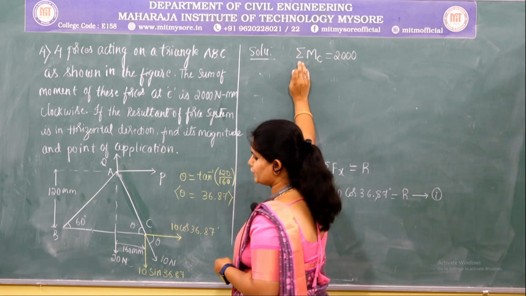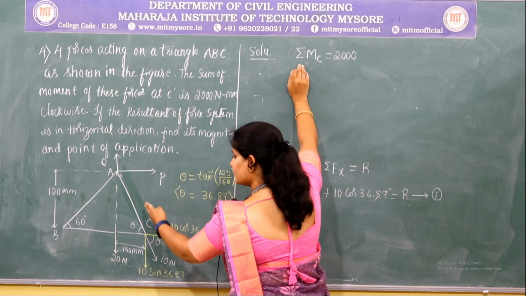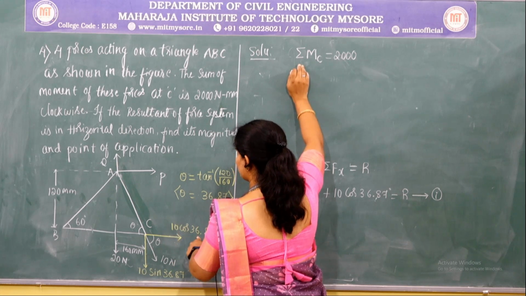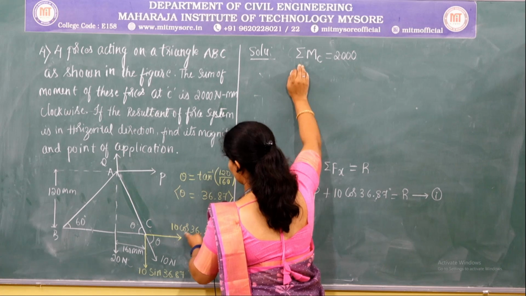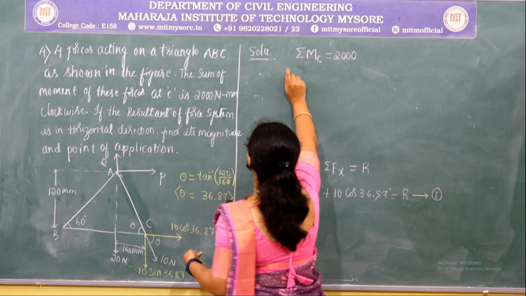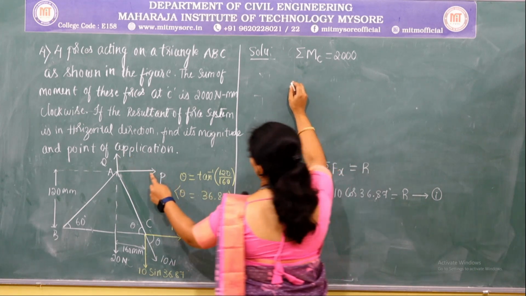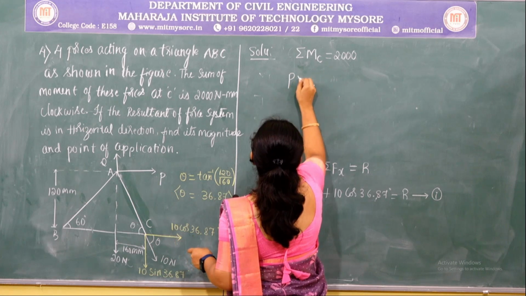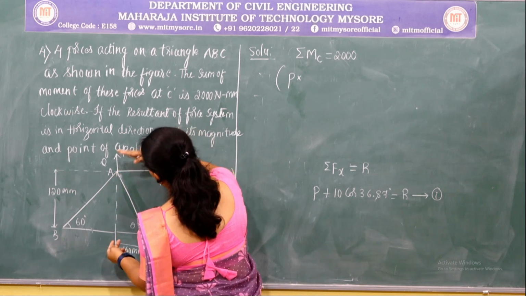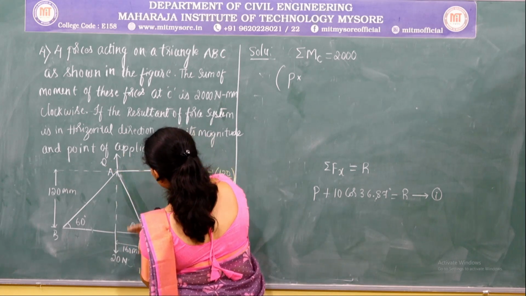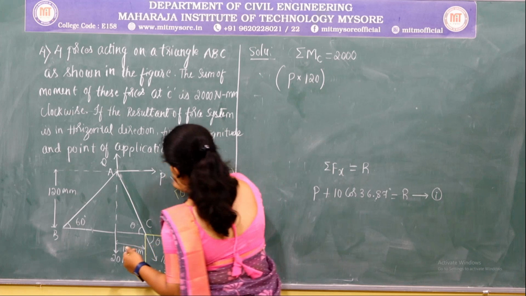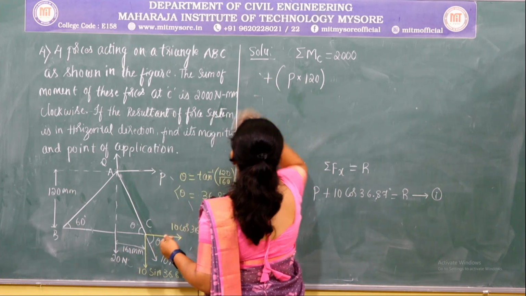So in order to solve this, we shall consider moment of all the individual forces about point C. The moment produced by this 10 Newton force, both horizontal and vertical components, is 0 about point C. Now the first force is P multiplied by the perpendicular distance between the line of action of the force and the point, that is 120, and this force produces a clockwise moment, that is positive.